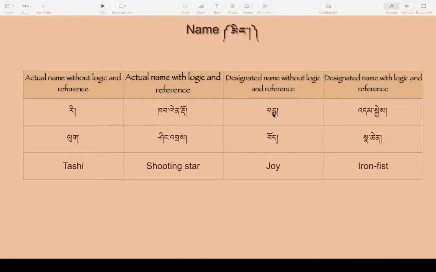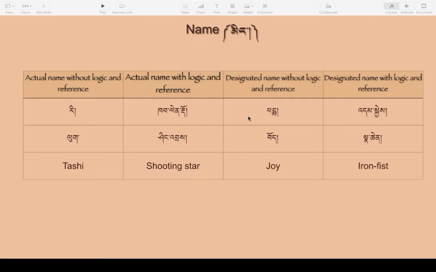So when we say Pema, normally it should symbolize the lotus, but here when we are calling Pema, we're not referring to the lotus flower, but we are referring to a person to whom this name is being designated. So you see the difference between the actual name Pema, which would refer to the lotus flower, and the designated name Pema, which refers to a person. And when we go and check if that person is the very thing that the name has been given to, then that is not the case.